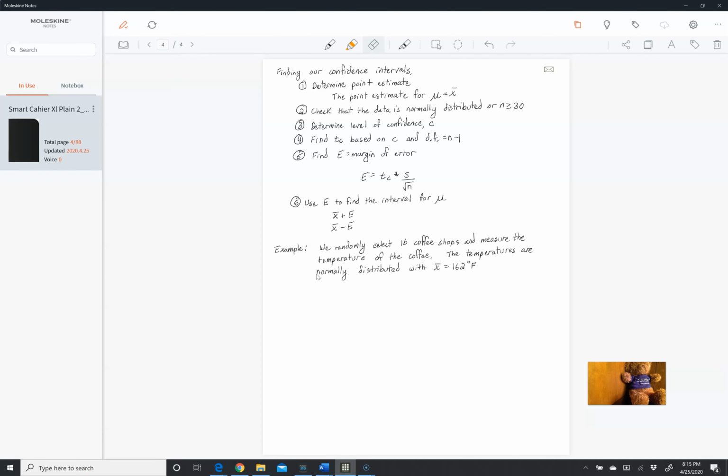Okay? And your sample standard deviation is 10 degrees Fahrenheit. We want to construct a 95% confidence interval for our population mean. Okay?